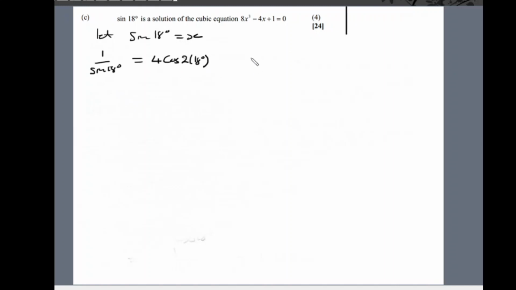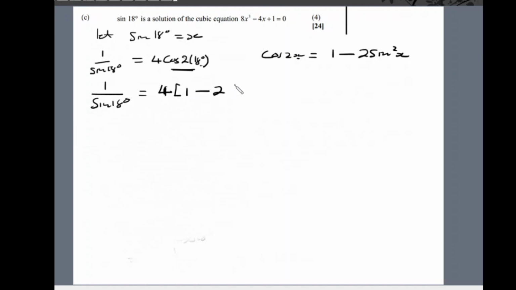But then here we will use the identity saying cos 2A is the same as 1 minus 2 sine squared A, right? So now in place of A we have 18 degrees, so we have 4 times 1 minus 2 sine squared 18 degrees, right?